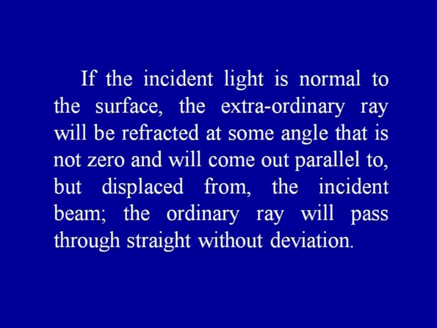If the incident light is normal to the surface of the crystal, the extraordinary ray will be refracted at some angle that is not 0. You note this is a very special feature. If the incident beam is normal, the extraordinary ray will be refracted at some angle that is not 0 and will come out parallel to but displaced from the incident beam.